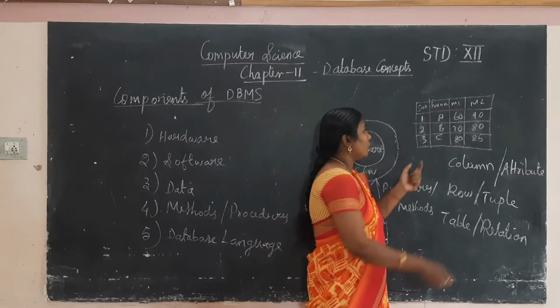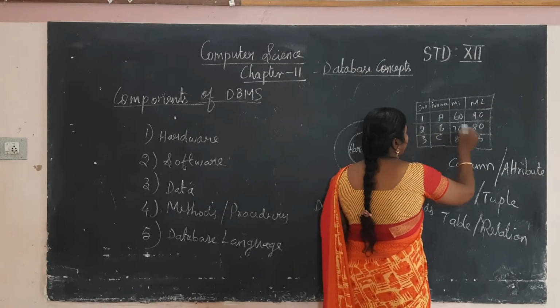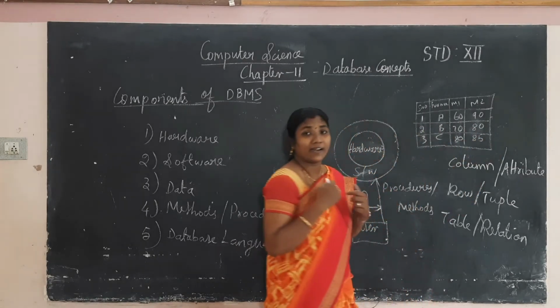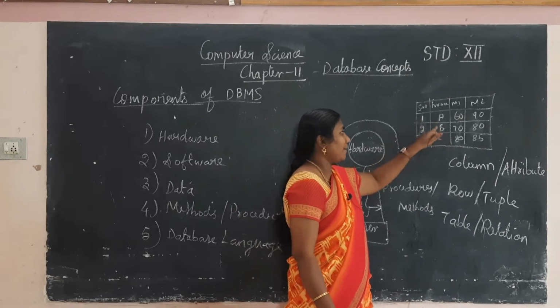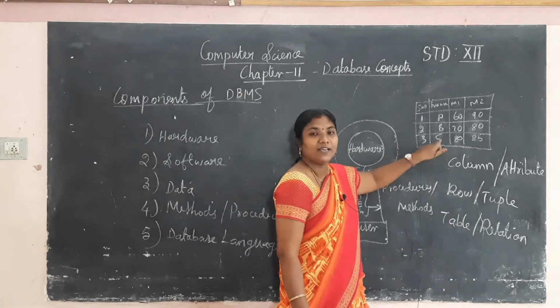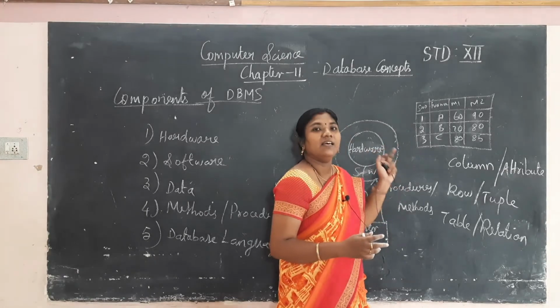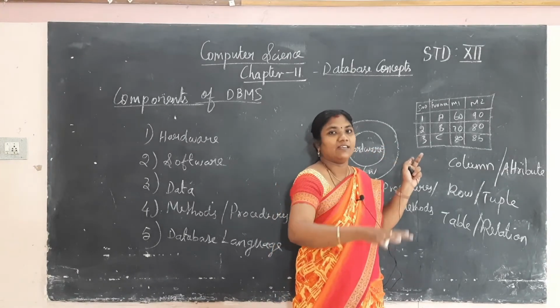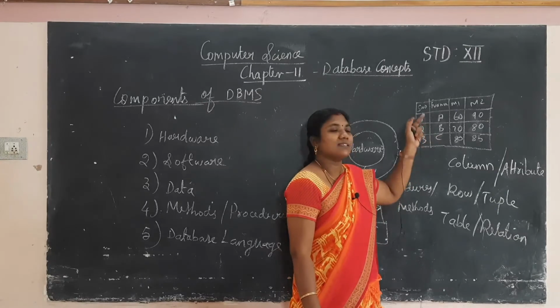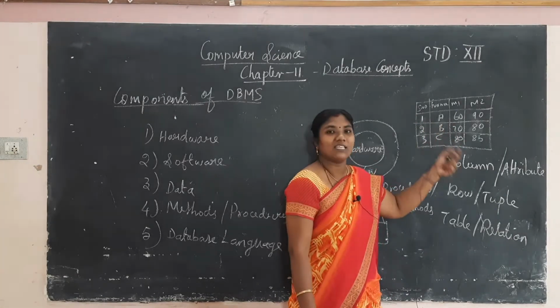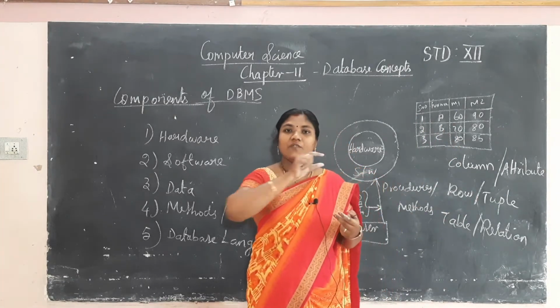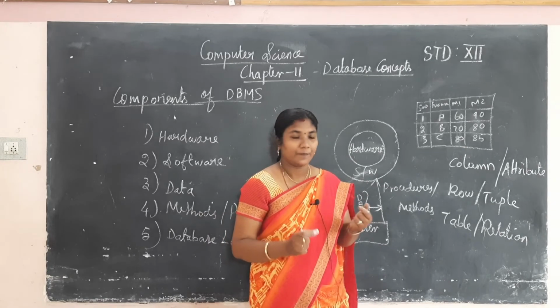And next, row. So this one is a row, this one is a row and this one is a row, that is a record. A's record, B's record, C's record. What is a record? A has a serial number, and his record means what he has maintained. He has secured 60 marks in M1, he has secured 90 marks in M2. That is the record. So record we say as tuple.